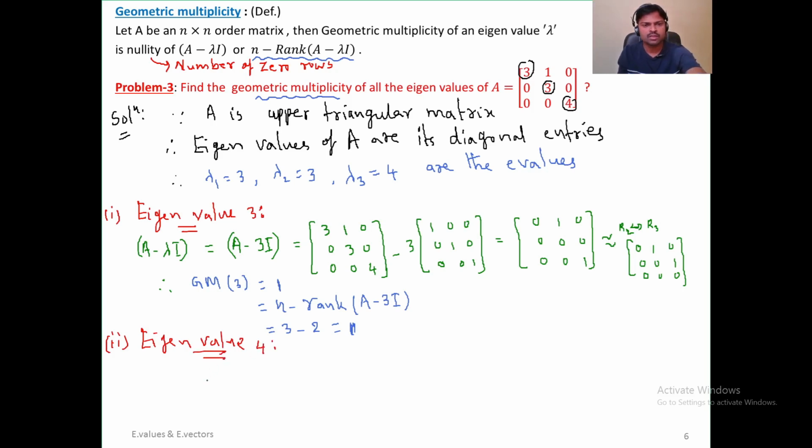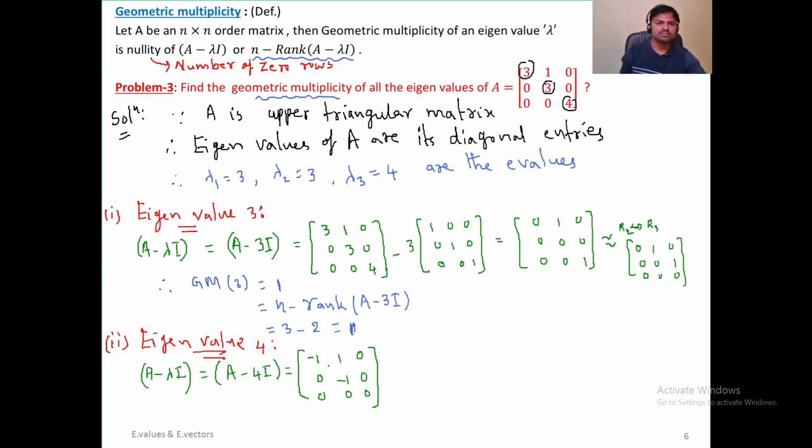Now, A minus lambda I, which is nothing but A minus, what is lambda here? 4. A minus 4I. So directly I am writing A minus 4I. 4 we have to subtract. So minus 1, 1, 0, and 0, minus 1, 0, and 0, 0, 0. So subtracting 4 from the diagonals.